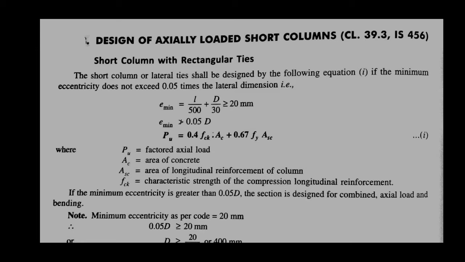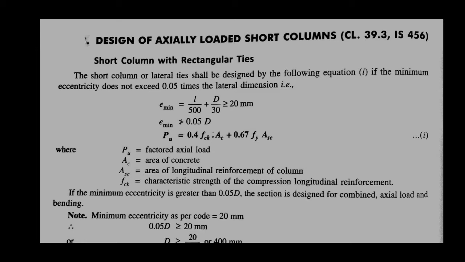That is, e min, the minimum eccentricity, equals L by 500 plus D by 30 greater or equal to 20 mm. So, e min is not greater than 0.05 D.